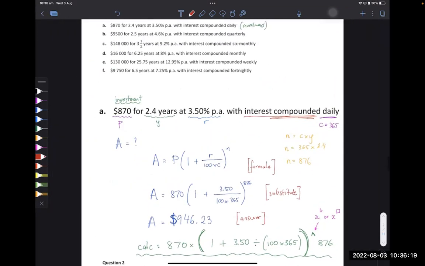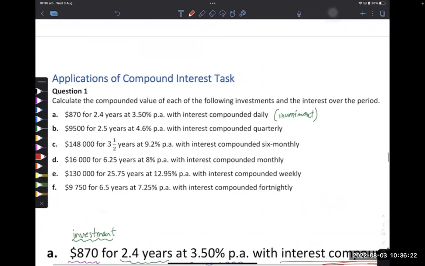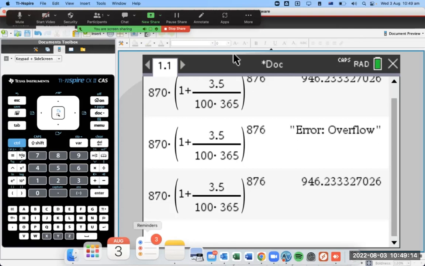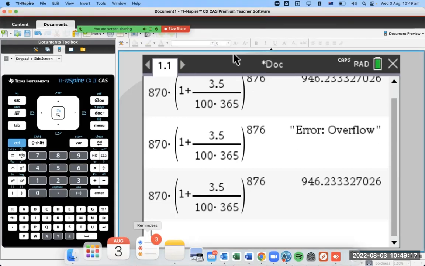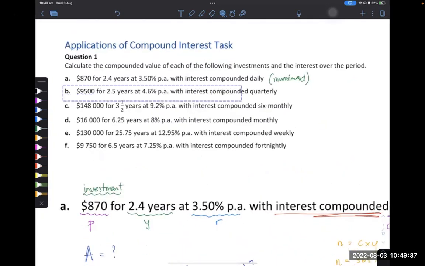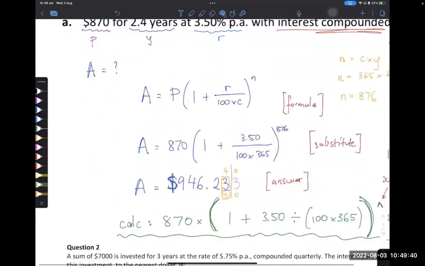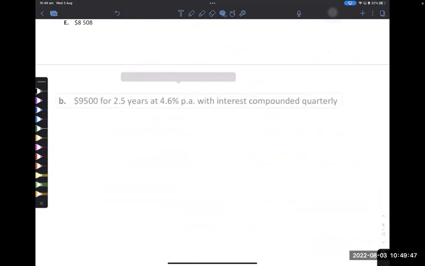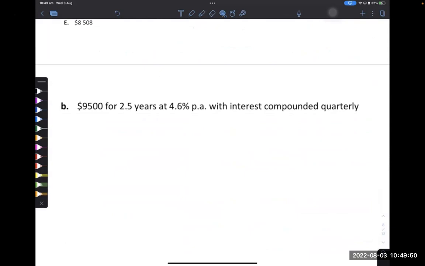I'm going to give you some time to work through questions A through to F. If you don't have enough space to do it on the paper, complete this question in your book. Okay.